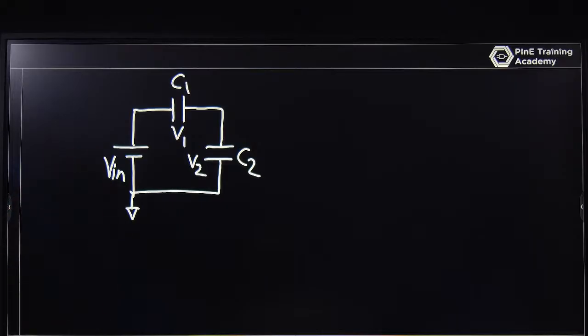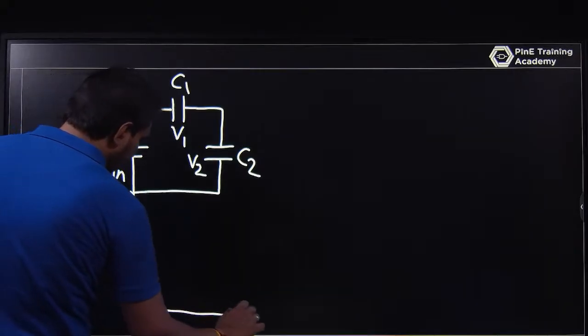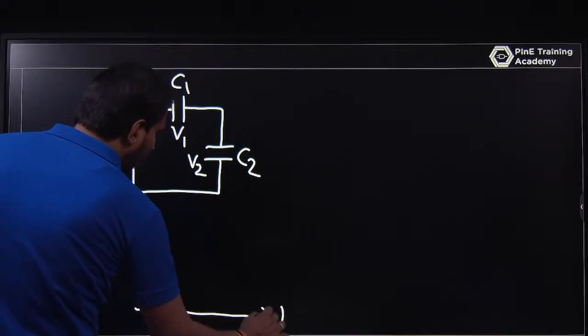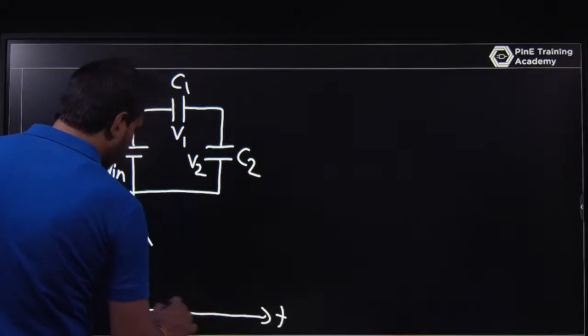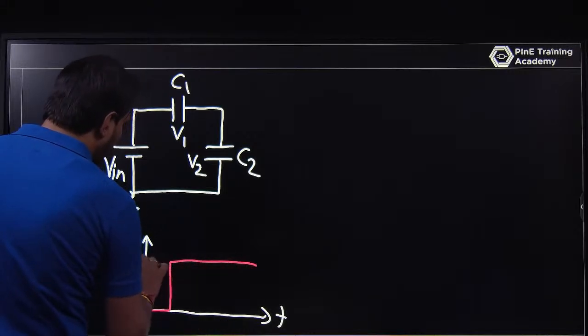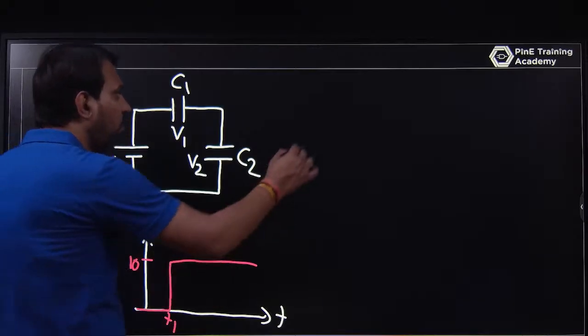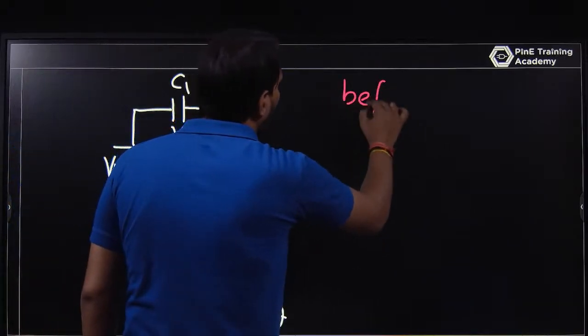And the input voltage is 0. So the input waveform is like this. I am just writing it in a way that before T1 the input voltage remains 0. After T1 it becomes 10 volts. So if you are making that circuit, what will happen before T1?